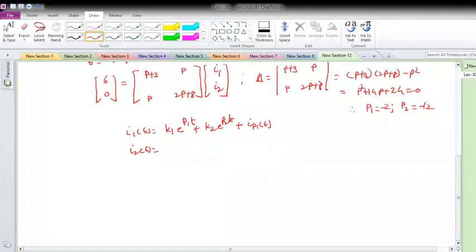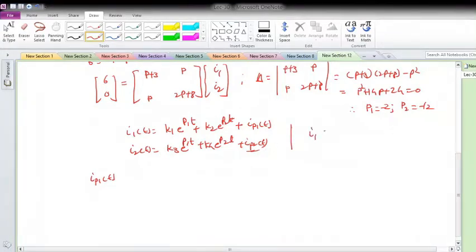Then I2 of t is k3 e raised to p1t plus k4 e raised to p2t plus ip2 of t, which is the solution due to the forcing function. Now first let me find the forcing response or particular solution. First let me calculate ip1 of t. What is the equation?